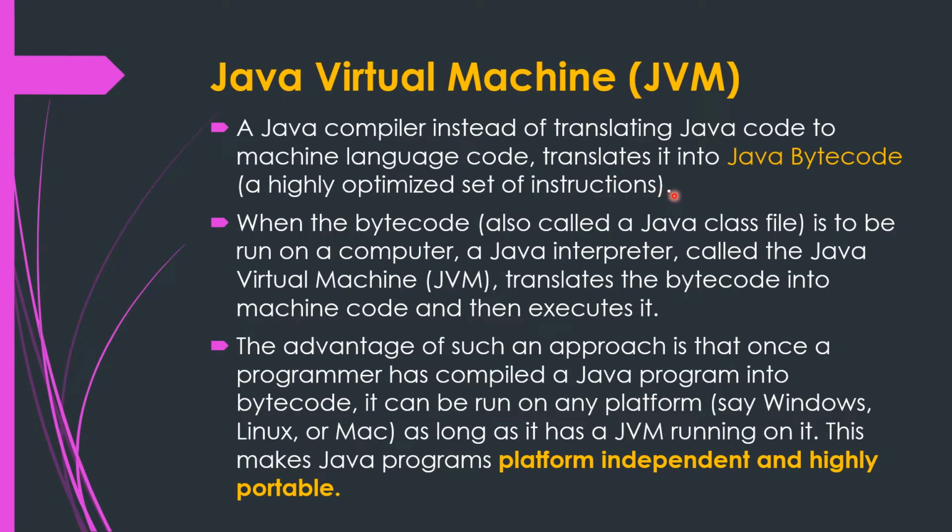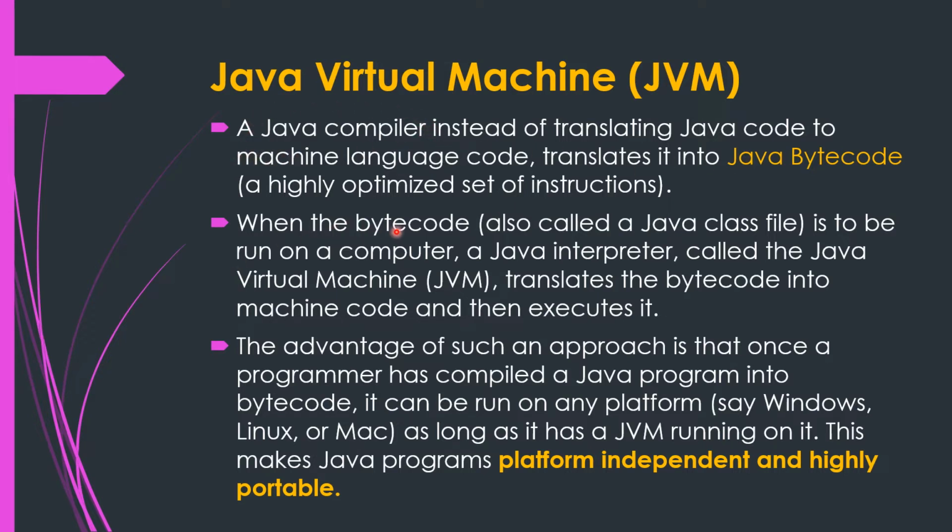So basically, as I have told you, the work of a compiler is to translate the high-level language code to machine language code. But if we are talking about the Java compiler, then it works a little bit differently. How? It translates the Java code not to machine language code but into Java bytecode. This is the work of the Java compiler.